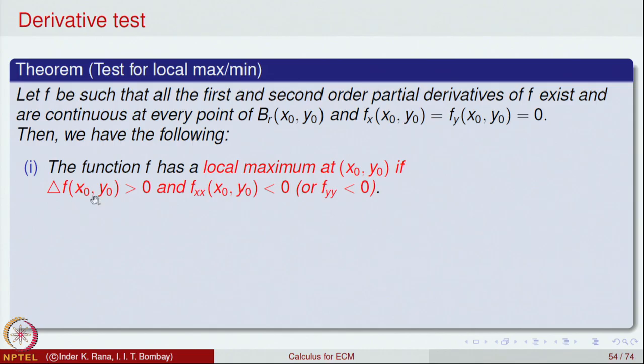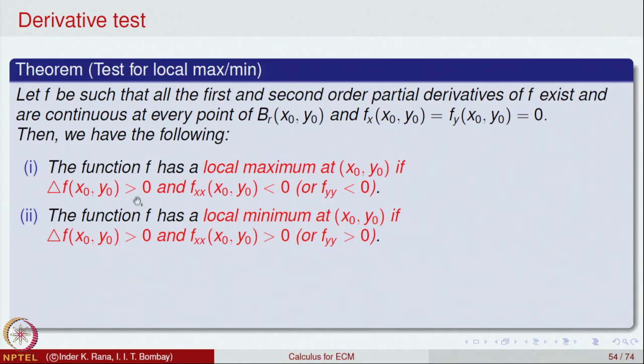So, these two conditions, that the discriminant is bigger than 0 and the second order partial derivative with respect to x is less than 0, or the partial derivative with respect to y is less than 0, ensure that the function has a local maximum at the point (x0, y0).